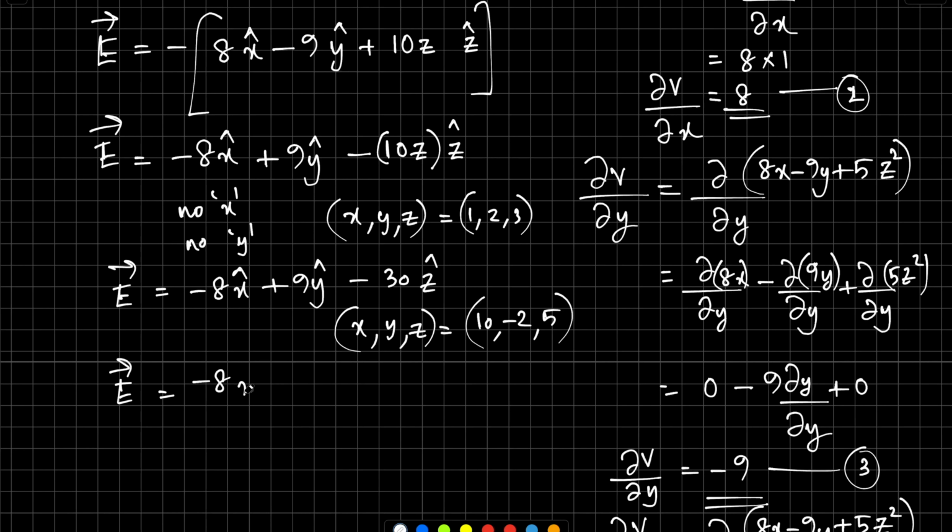Minus 8x cap plus 9y cap minus 10 times 5 z cap. So our electric field vector will be 10 times 5, which is 50 z cap. So that's my electric field when these are the coordinates.